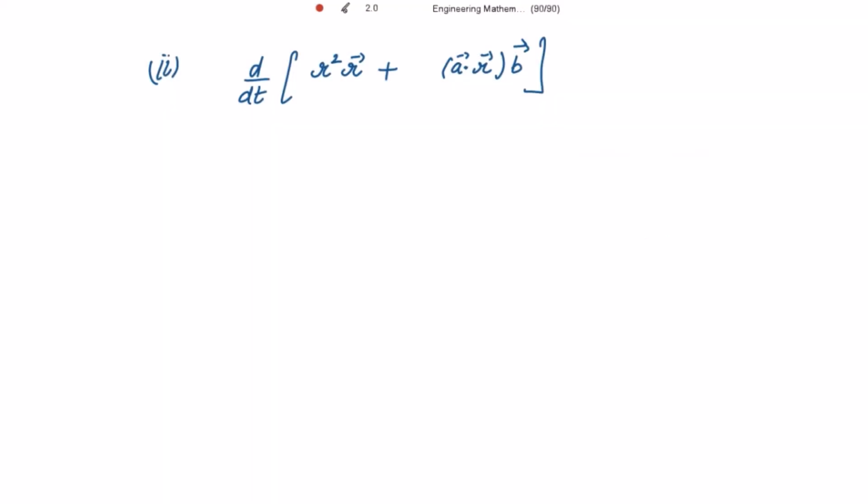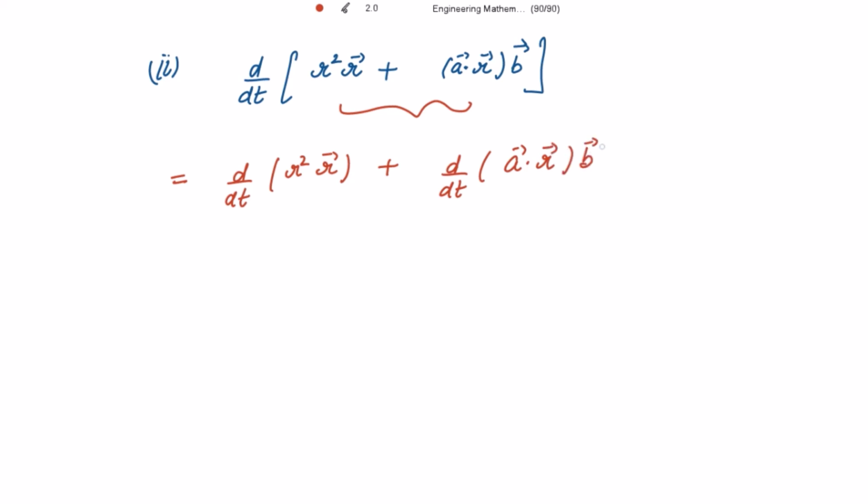Second, finding the derivative of these two terms. So that is taking the derivative of the first term and then plus taking the derivative of the second term, dot product of a with r vector and multiplied with b vector. Alright.